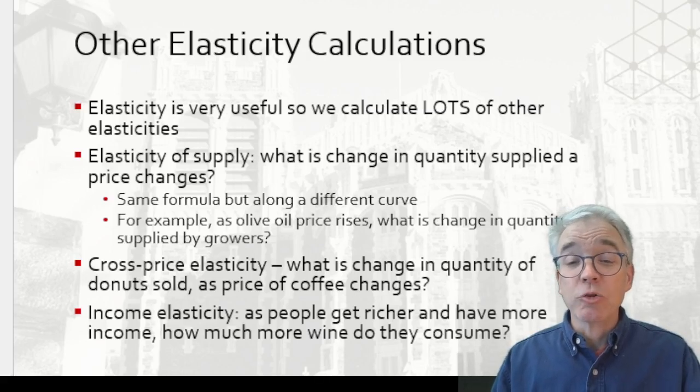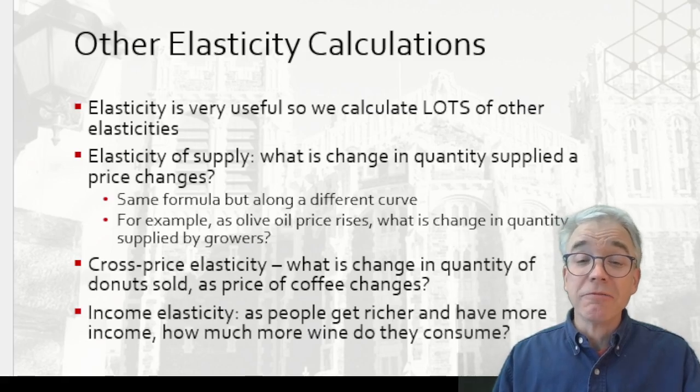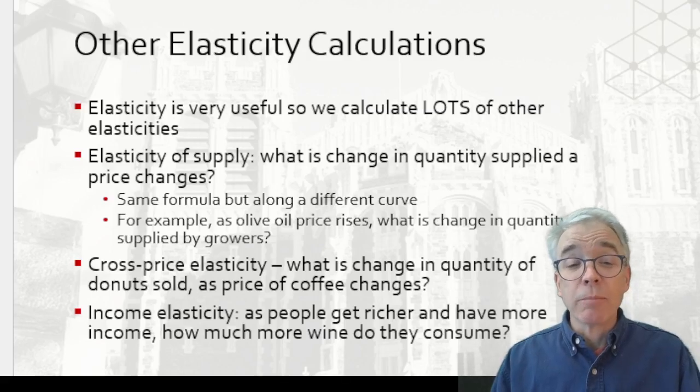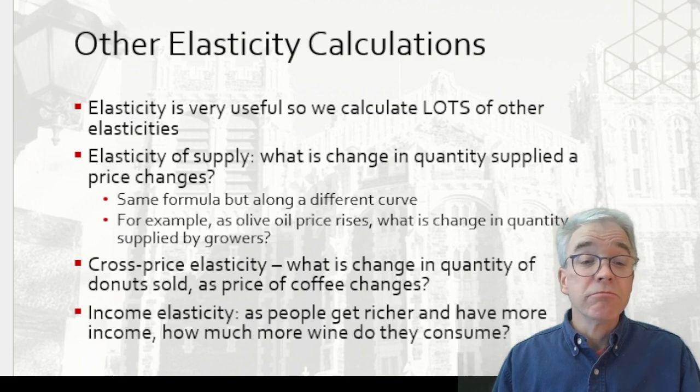We could define the cross-price elasticity. If coffee prices change, what happens to the quantity of donuts sold? We also talk often about income elasticity. If people have 1% more income, how much more do they spend on different items? Maybe wine. Often they're going to step up the quality purchased as well.